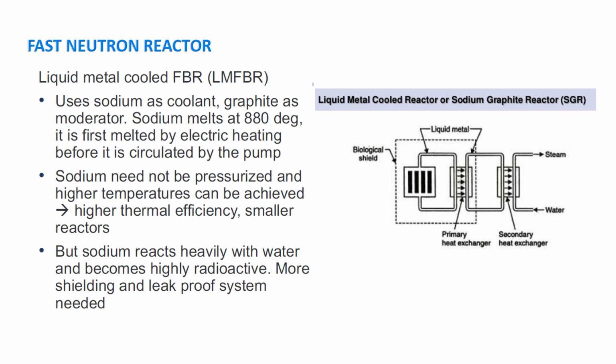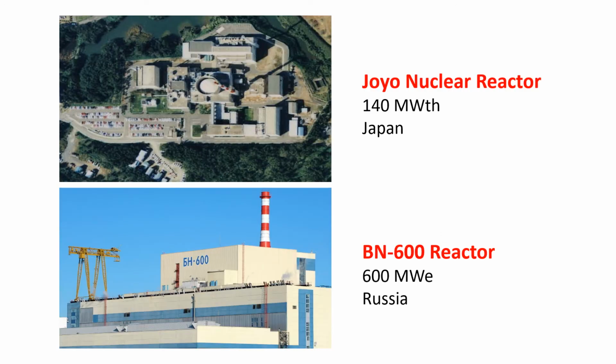But sodium reacts heavily with water and becomes slightly radioactive, and it will need more shielding and a leak-proof system if you want to use your liquid metal cooled FBR. Some examples of your FNR are your Joyo reactor in Japan and your BN-600 reactor in Russia.